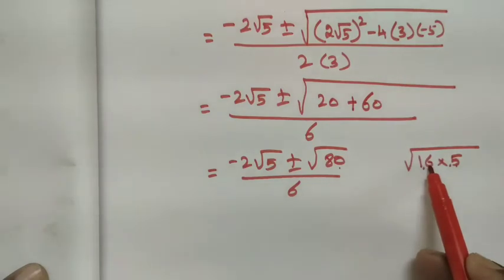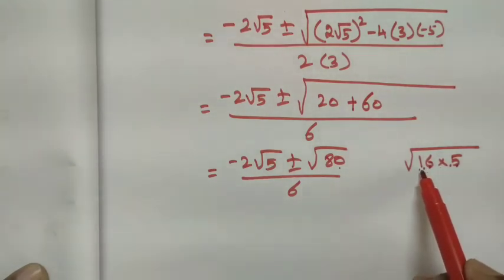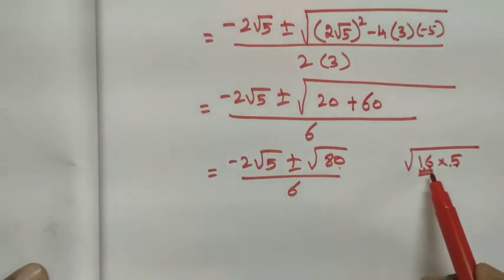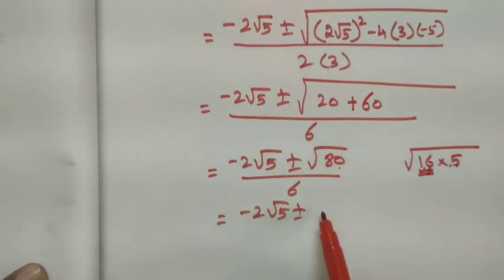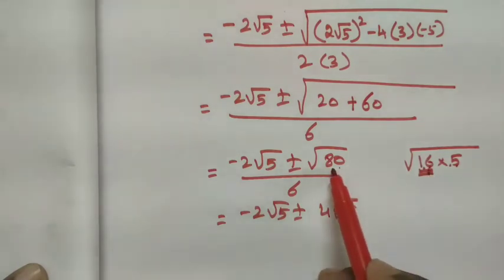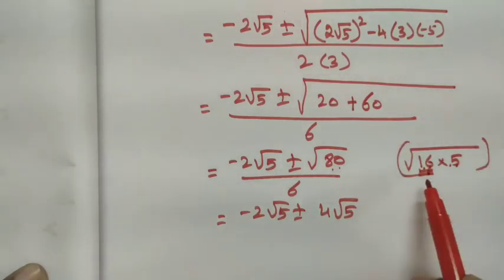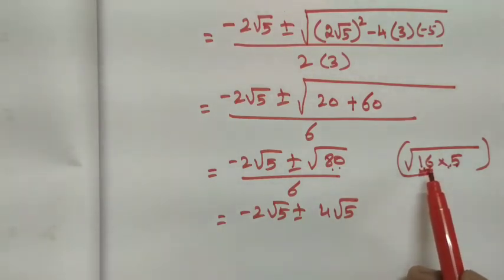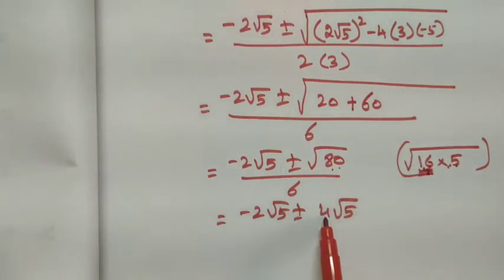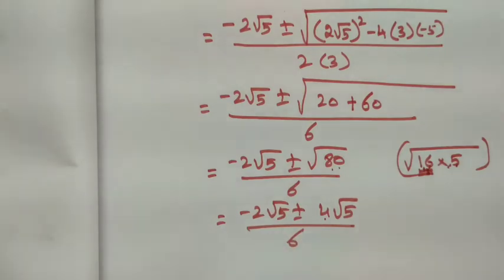So 16 is an exactly perfect square number. If we take it outside the root, we get 4 root 5. So 4 root 5 divided by 6.